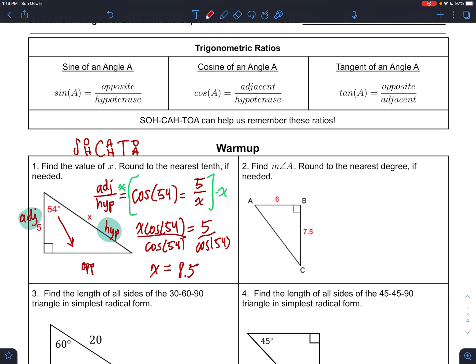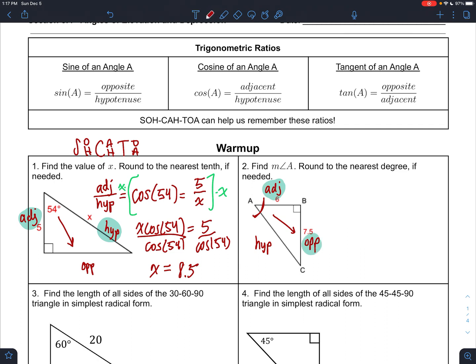Okay, next one. It doesn't label any of the angles for us, so we really would have no reason to believe it's a special right triangle. So we're just going to maybe set up a trig ratio again and just see what happens. So from A, this is the opposite. The hypotenuse is always across from the right angle, and this is the adjacent.